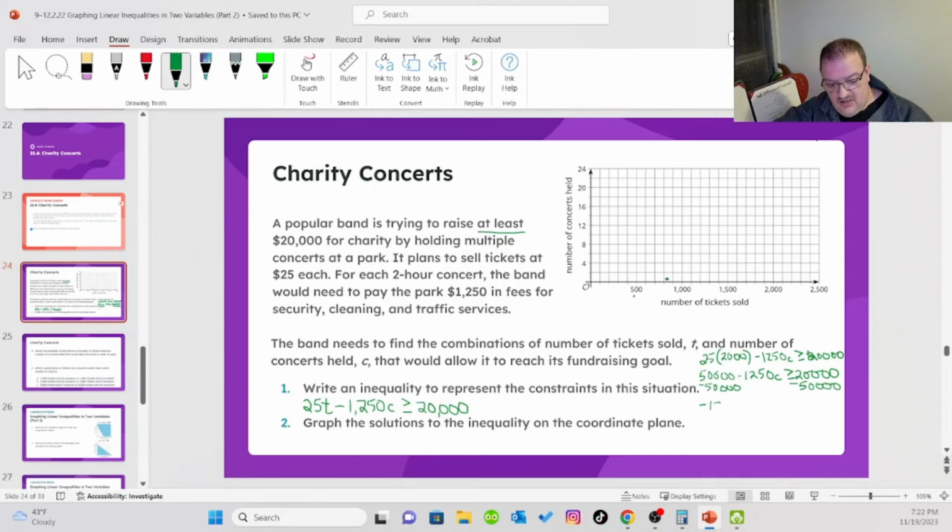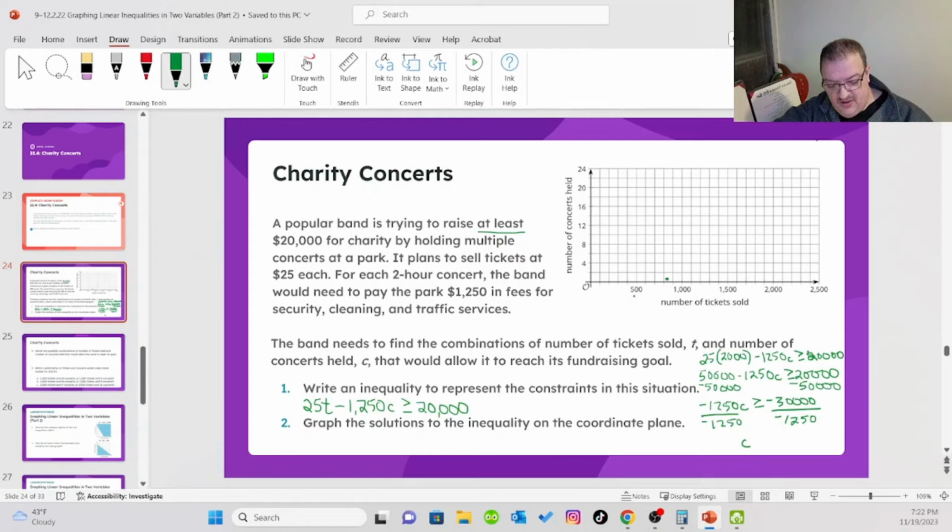I get negative 1,250C must be greater than or equal to negative 30,000. Divide both sides by negative 1,250 so that I can get C by itself.